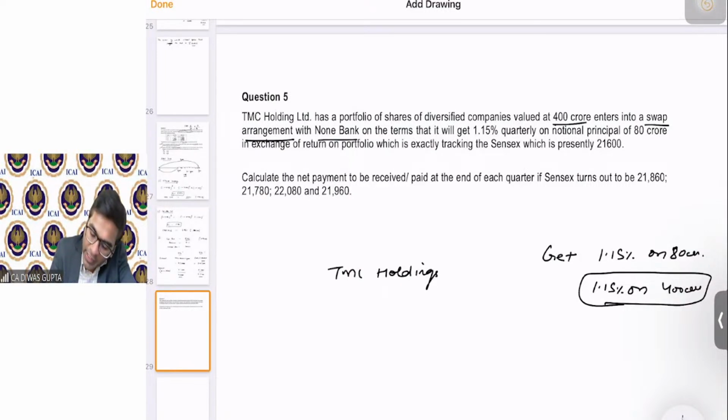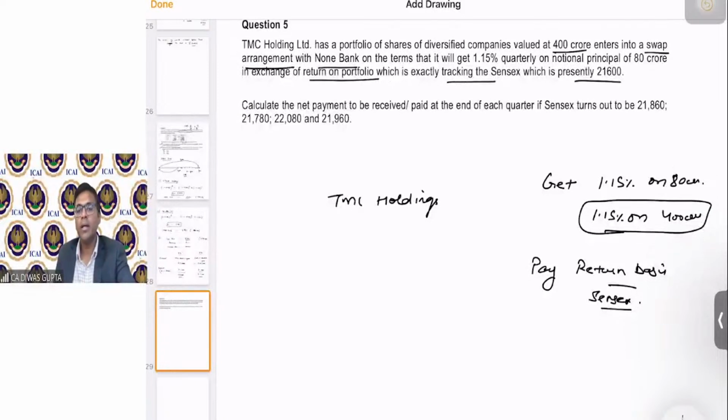In exchange of return on portfolio, which is exactly tracking the Sensex, which is presently 21,600. So get 1.15 and pay whatever return basis Sensex you are earning. Okay.